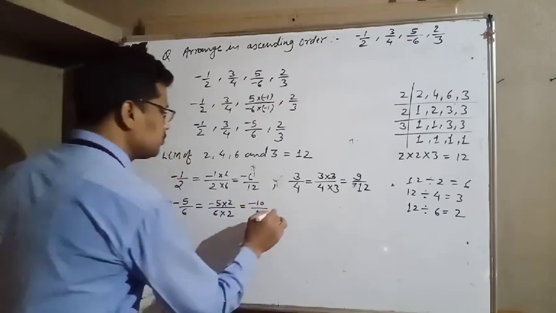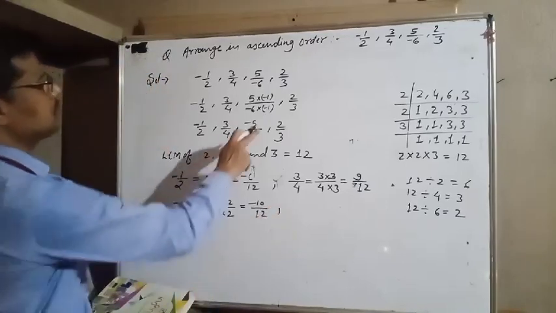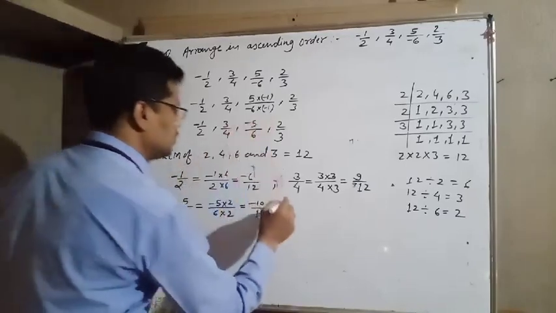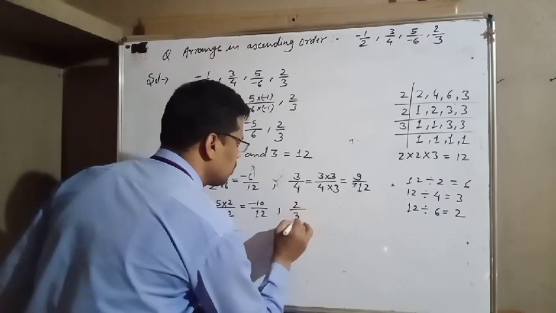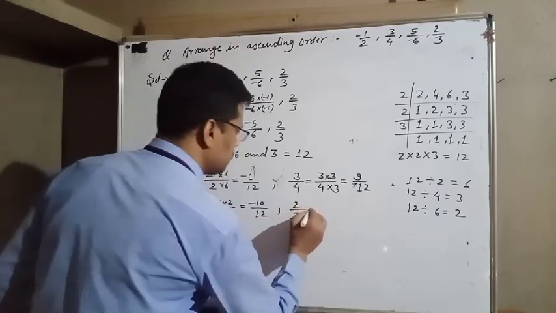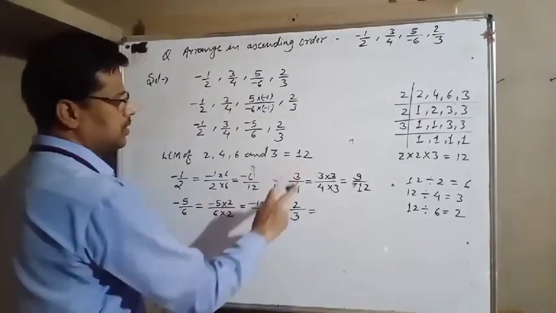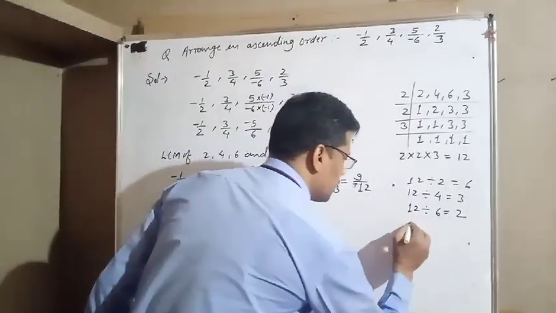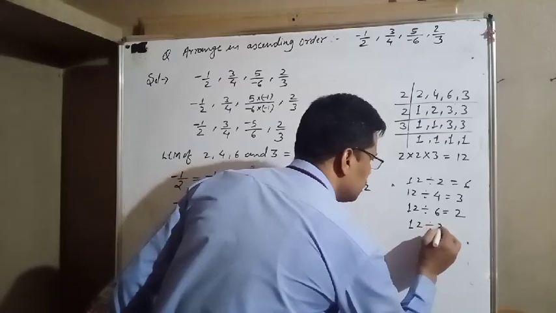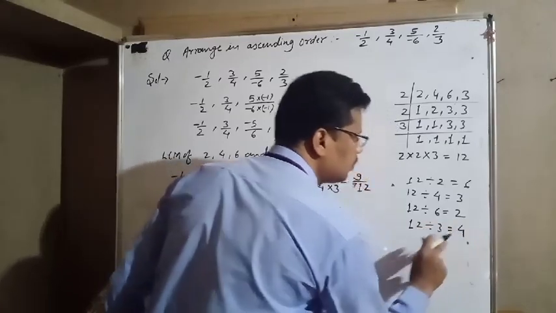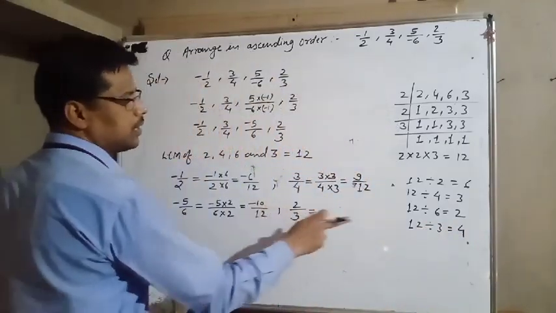Now which number is left? 2 upon 3. We can write 2 upon 3 is equal to... Who will tell me? Yes, this 12 should be divided by 3. 12 divided by 3, what do you get? 4. Now this number should be multiplied by 4.